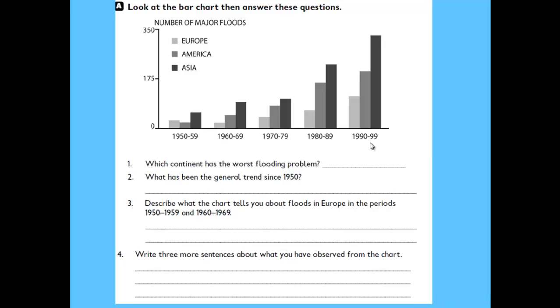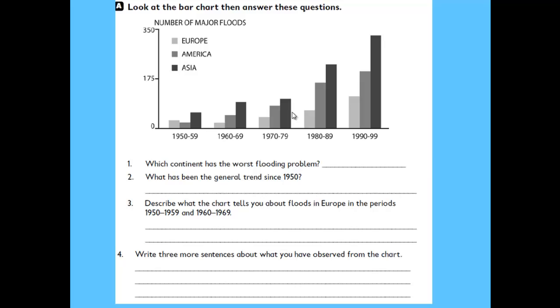And we have 4 questions. Number 1, which continent has the worst flooding problem? Yes, we can see here the answer is Asia. Why? Because here Asia has a long bar, also here the same thing, and in all the previous decades.